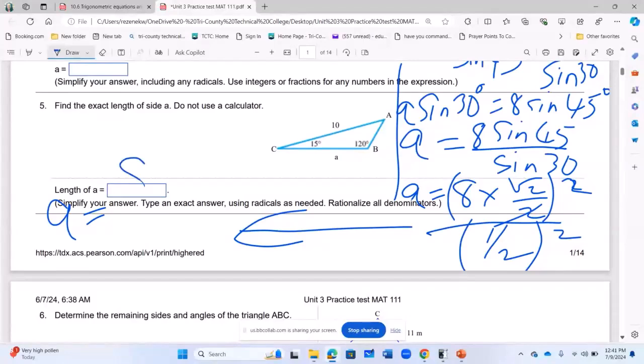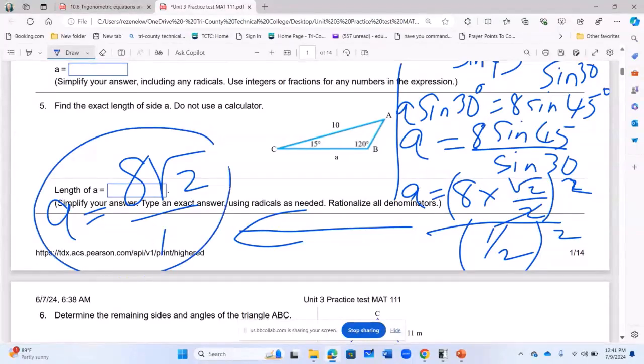So I have 8 root 2 in the numerator. If I multiply here, I have 2 over 2, which is 1. So my final answer will be 8 root 2. They did not give me a unit, so I'm just going to leave it like that. So 8 root 2 is my final answer.